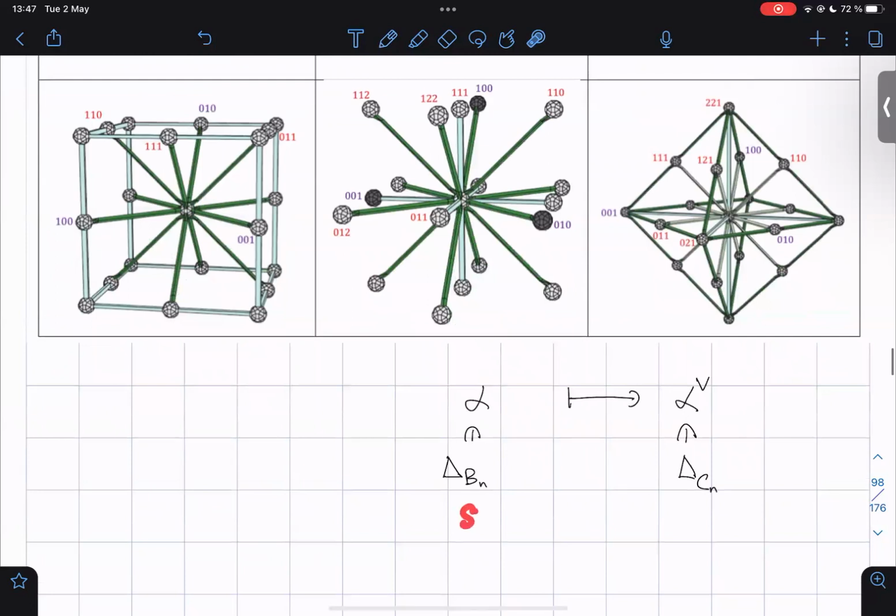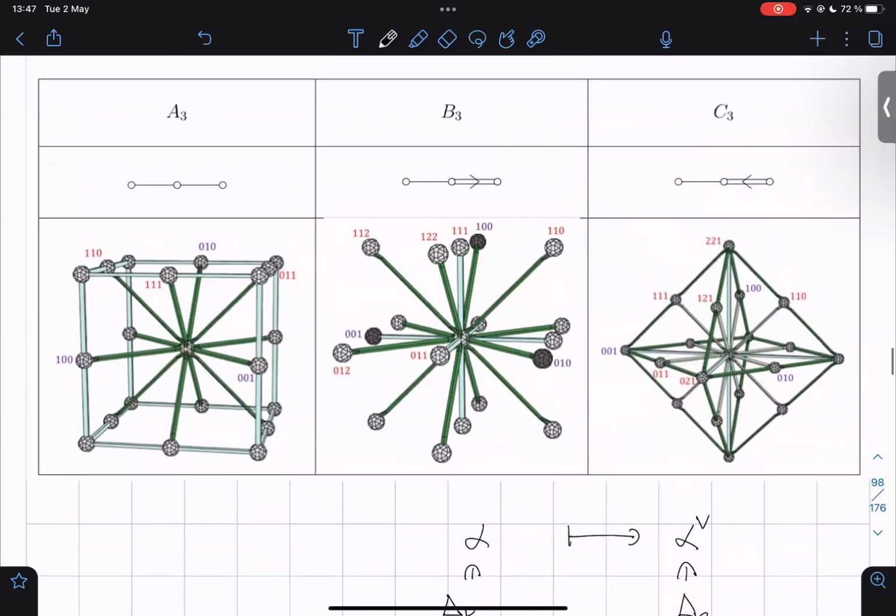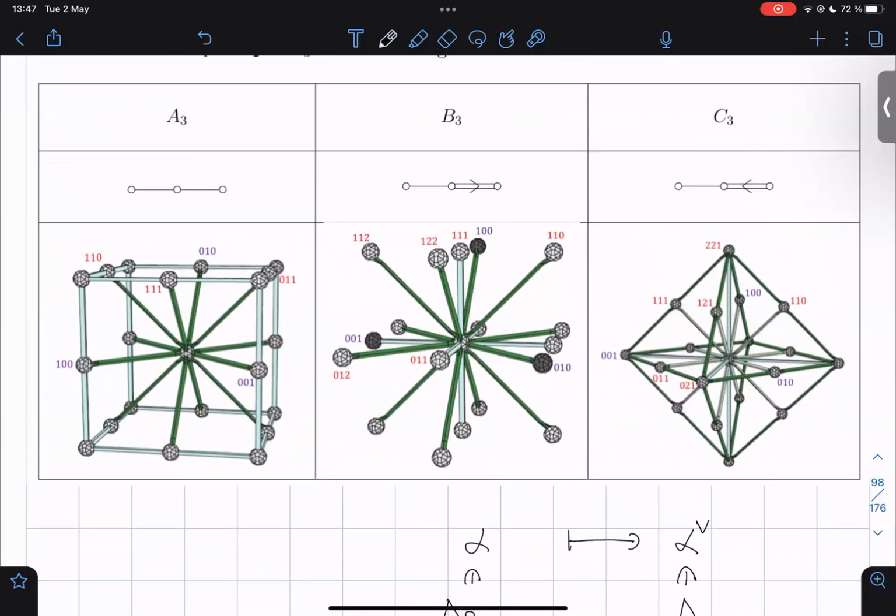So short roots go to long roots, and long roots go to short roots. So these are the three irreducible abstract root systems in dimension 3, rank 3.